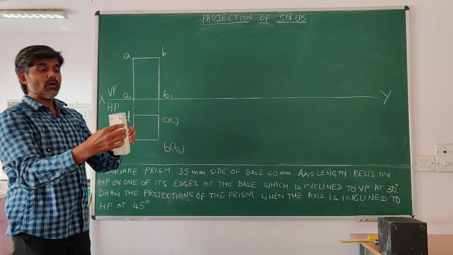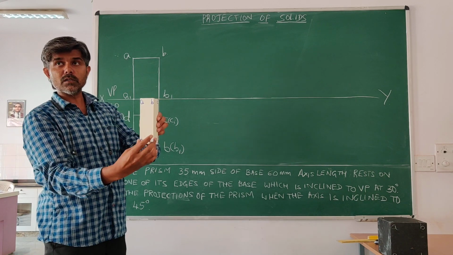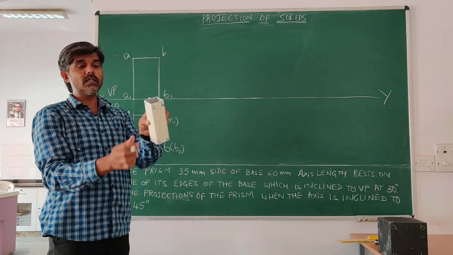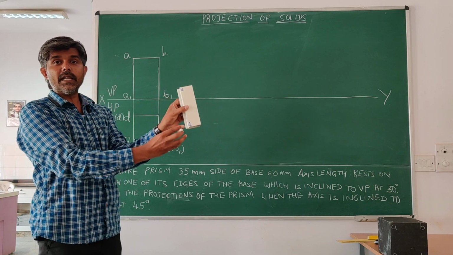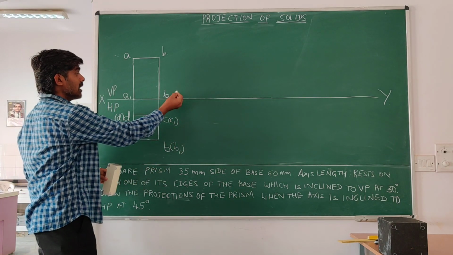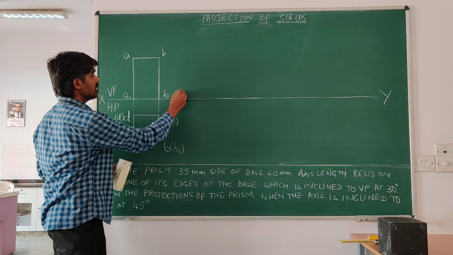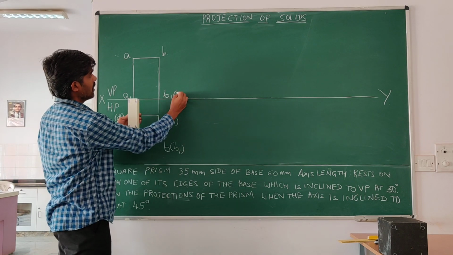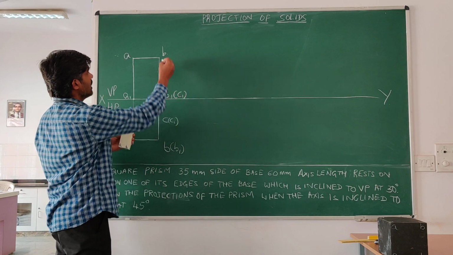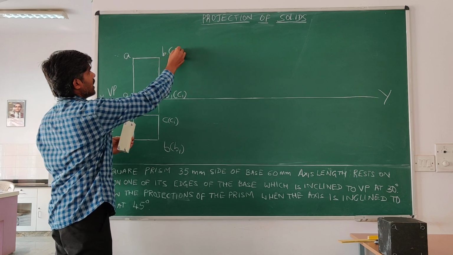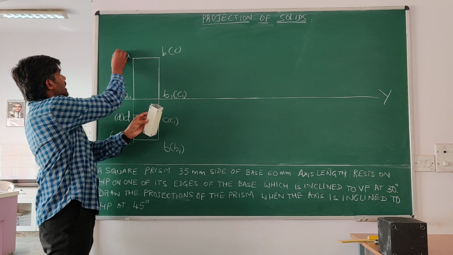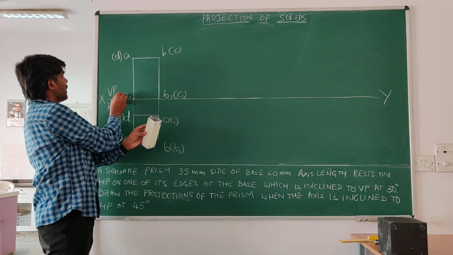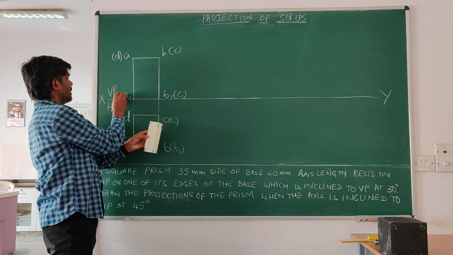Apart from these four corners, we have the other four corners which are D, C, C1, D1, which are hidden. So I will put them in brackets: here it is B in bracket C, A in bracket D, A1 in bracket D1.